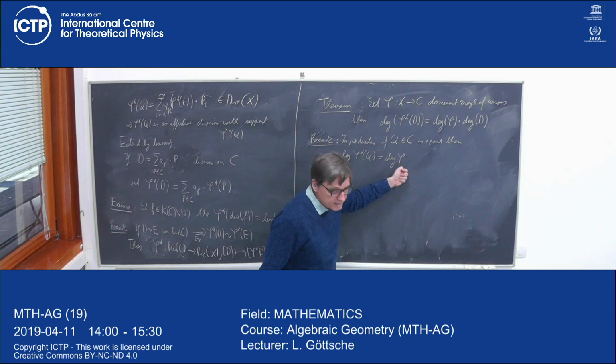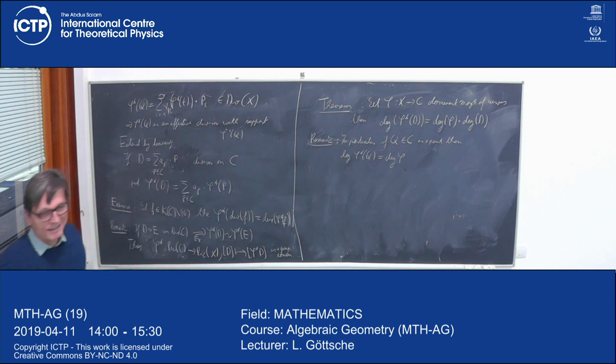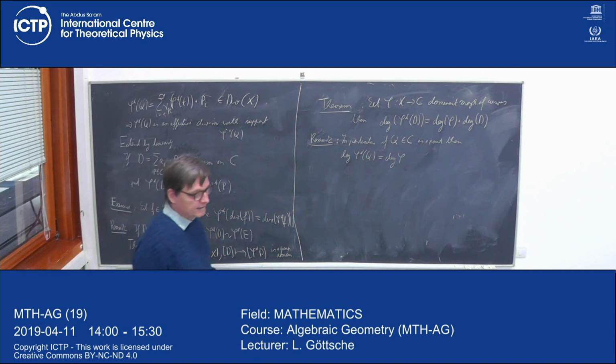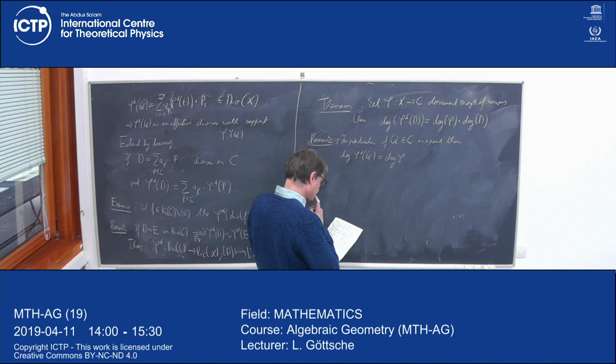So the degree really means the number of points in the inverse image of a general point. But the second statement is only true in characteristic 0. Otherwise you have things like the Frobenius morphism, which don't do this. Okay, so I will not try to prove it.